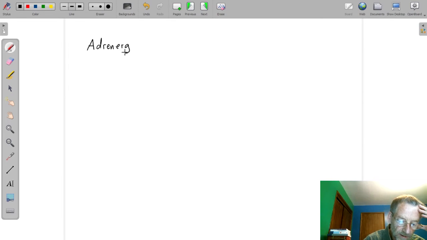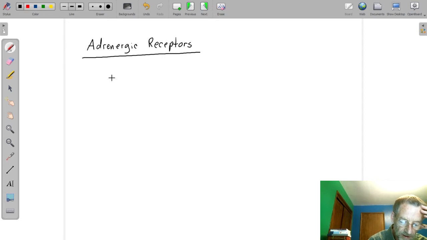Adrenergic receptors. So we are dealing with the autonomic nervous system, sympathetic. So the adrenergic receptors that we are dealing with are beta 1, and these were found primarily on the heart. We're going to keep this as simple as we can. That we did last quarter.